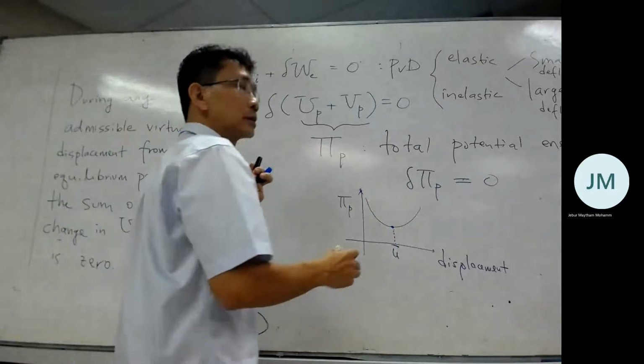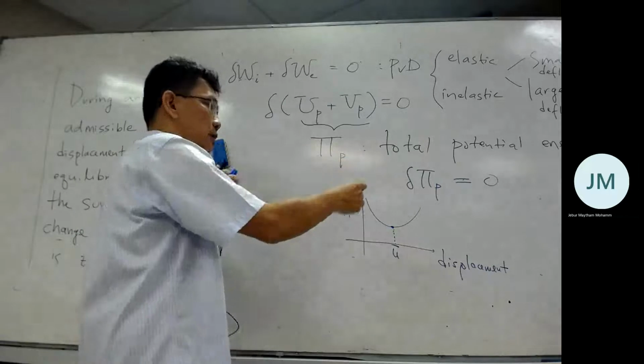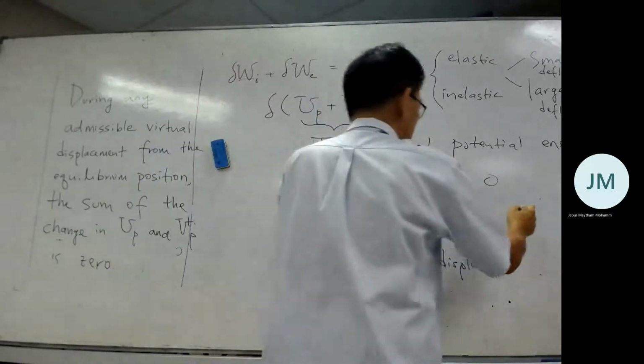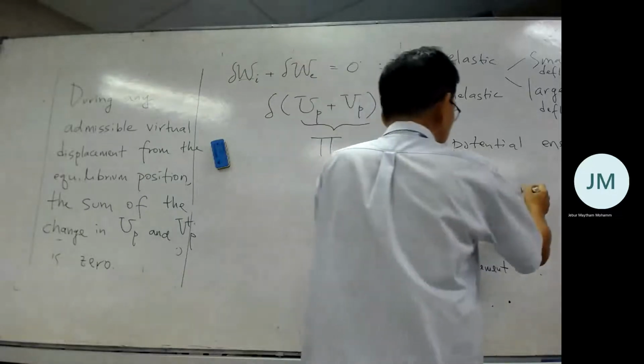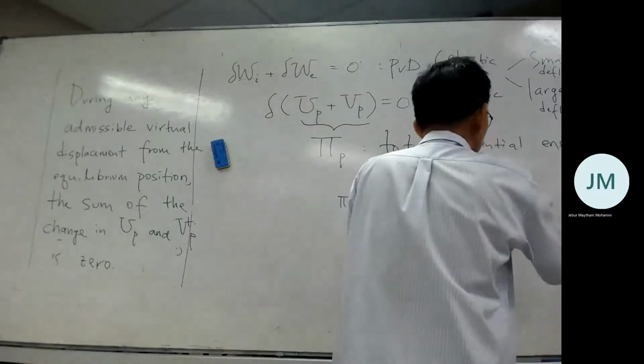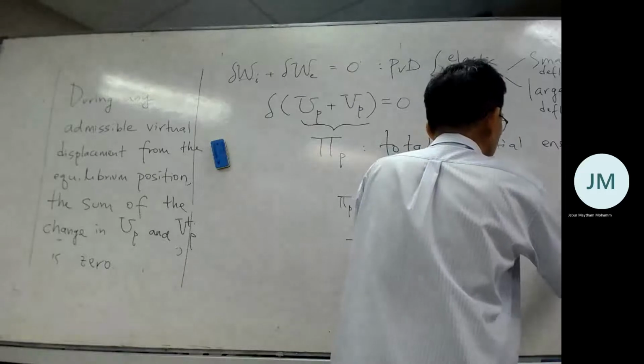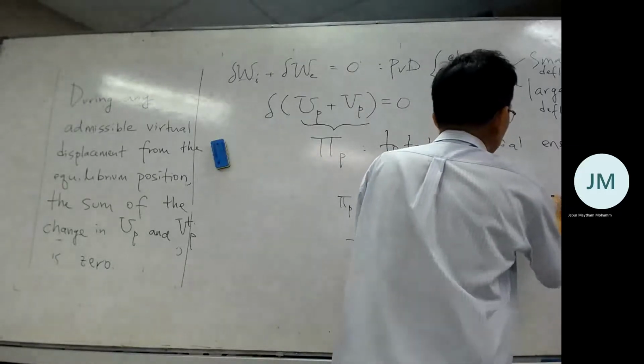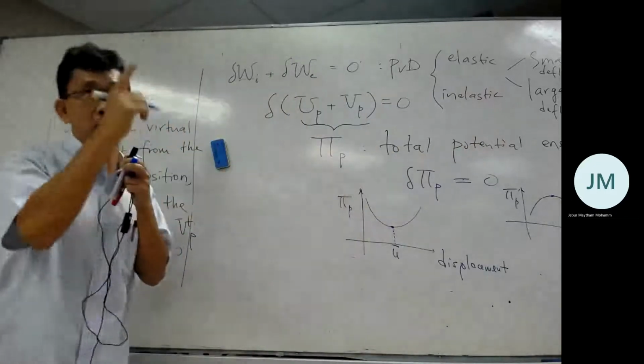But we know that this can also represent a situation like this. If you have pi P and this is displacement, it can also be like this. This also means the change is 0.